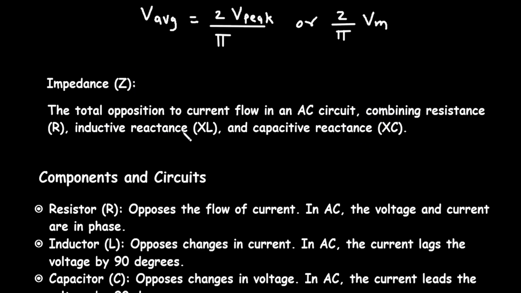Here inductive reactance is represented by XL, where L represents inductive and X represents reactance. For capacitive reactance, C represents capacitive and X represents reactance, and resistance is represented by capital R. So it is the opposition to the flow of alternating current. It is called impedance.